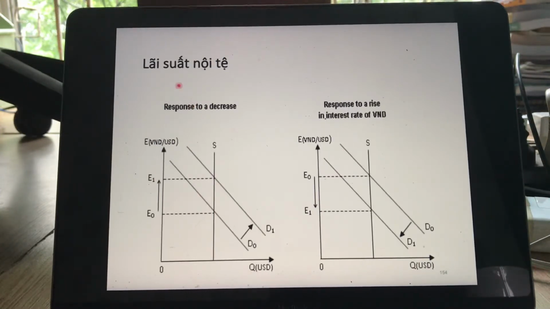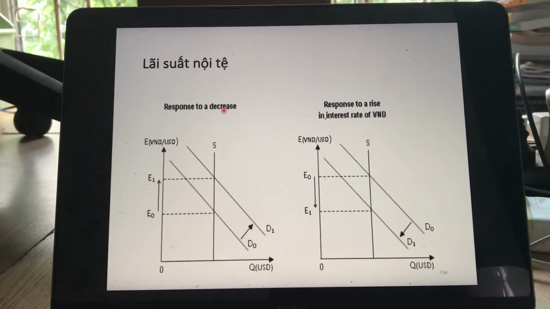First, we assume that the interest rate in Vietnam increases. Sorry, focus on this. We assume it decreases first.